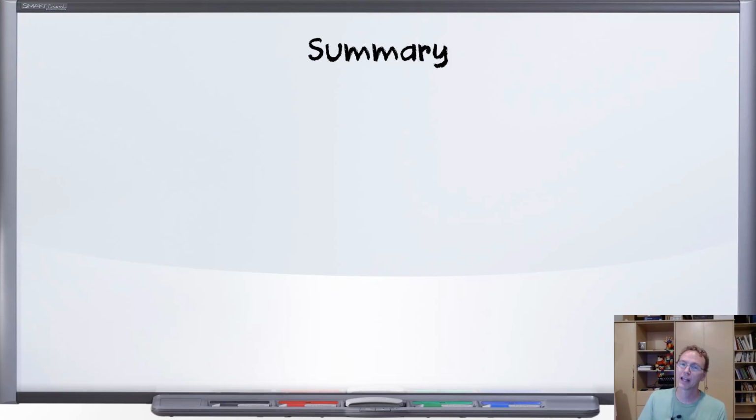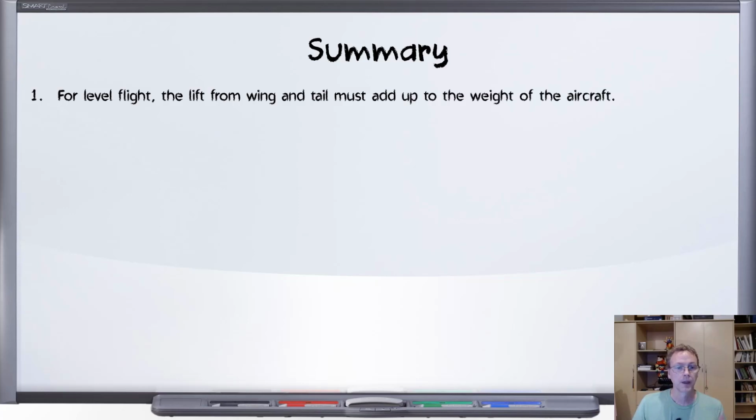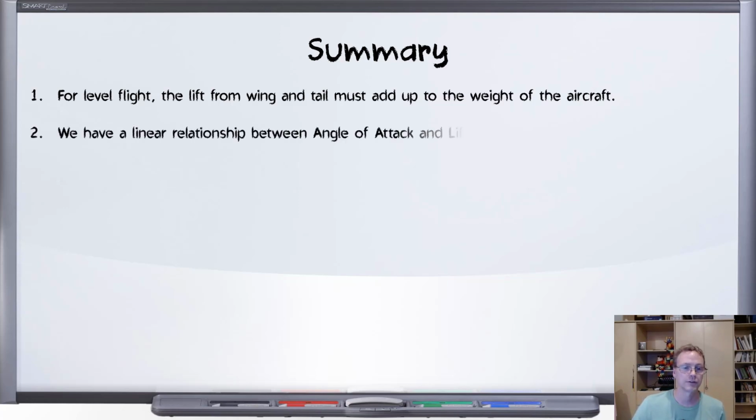With that, I'd like to pause things right here. Let's summarize what we've learned so far, and then we can return in the next video to pick up where we left off. So far, we emphasized that we do have a tail on this aircraft, and so any lift generated by that tail should be added to the lift from the wing, and that's what's compensating for the weight of the aircraft.